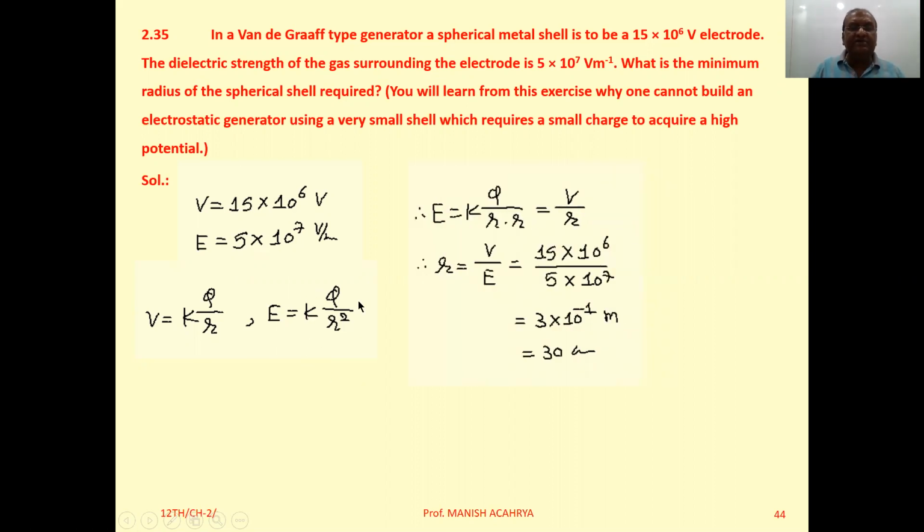Now rewrite this equation of electric field as KQ upon R into 1 upon R. But KQ upon R is V. So E is equal to V by R. So R is equal to V by E. Substitute the values of V, 15 into 10 raised to 6, upon the value of E, that is 5 into 10 raised to 7, and solve it. You will get the radius of the spherical shell. Clear?